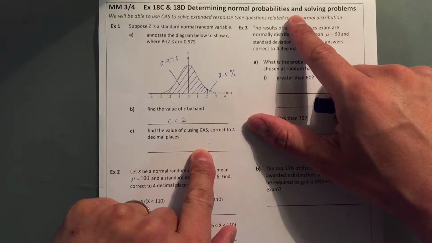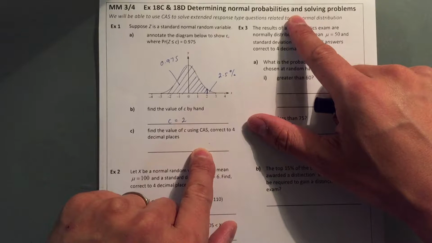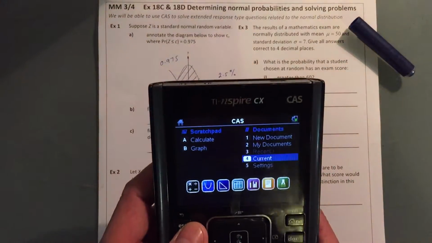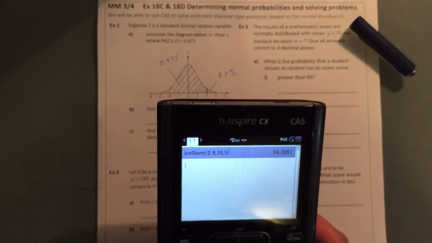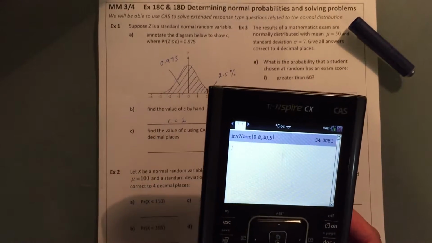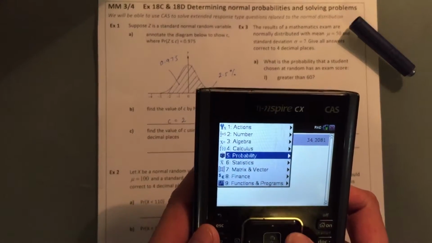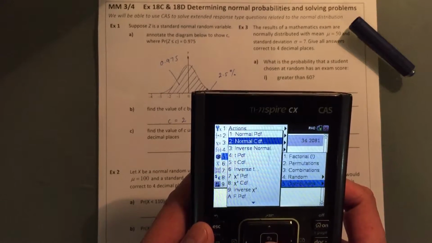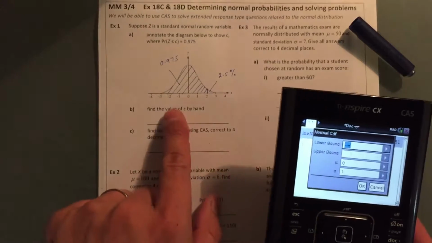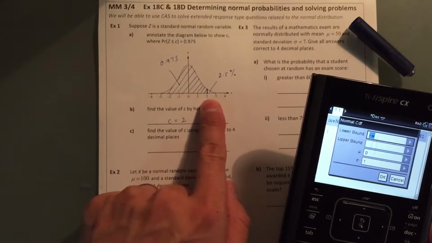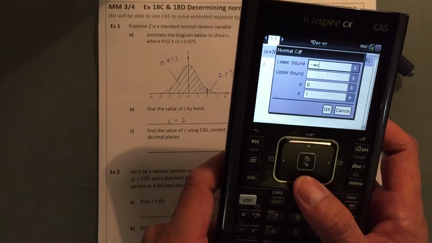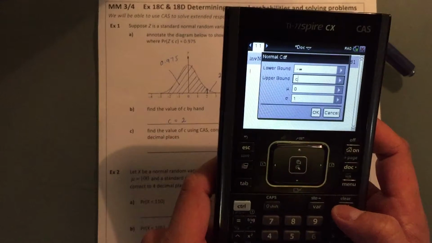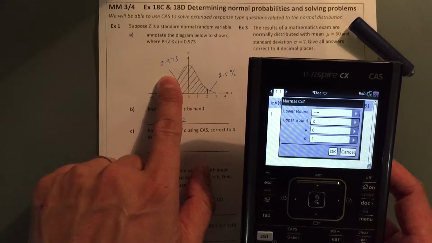But here it says use your calculator. And so there's a couple of ways we can do this. One is we'll use the normal CDF command. So if I go to probability and distributions and normal CDF, what we're interested in is that from negative infinity to my C value, the area is going to be 0.975.